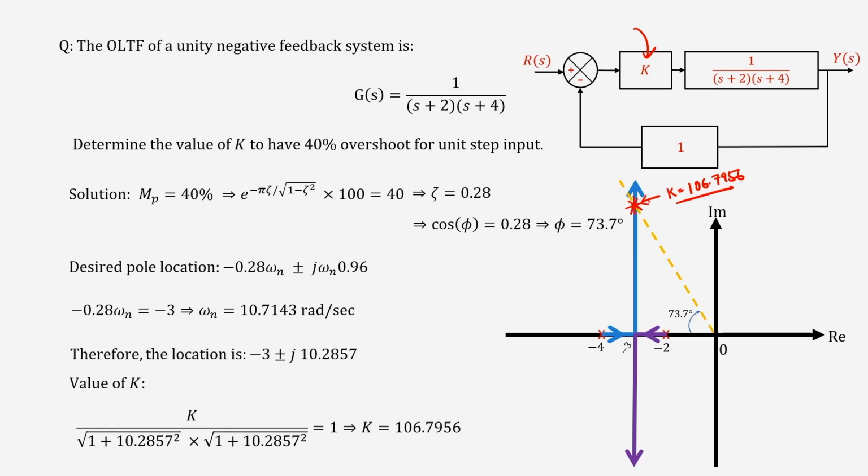Since this is the closed loop pole location, the complex conjugate will also be the other closed loop pole location, because they are moving together in symmetry, right. So, if you are here at K equal to 106, the other branch is at this point.